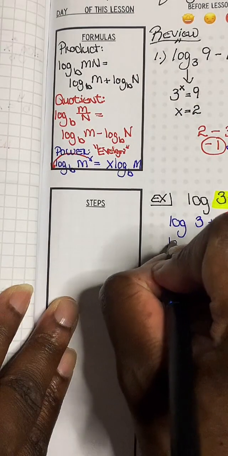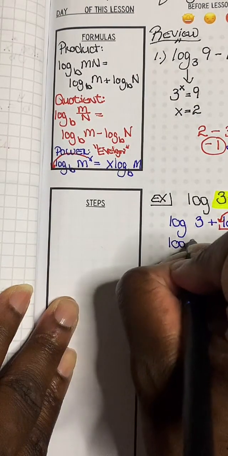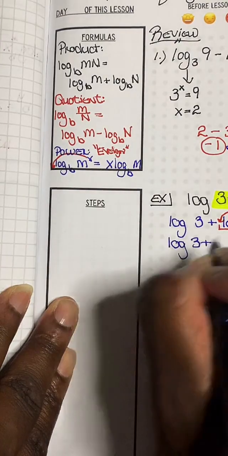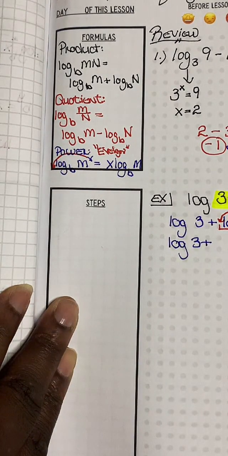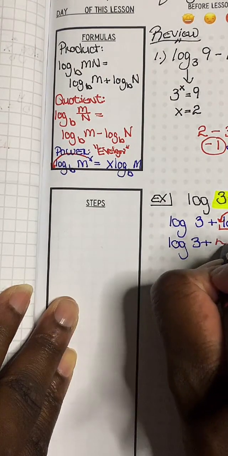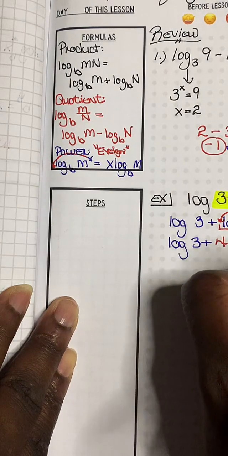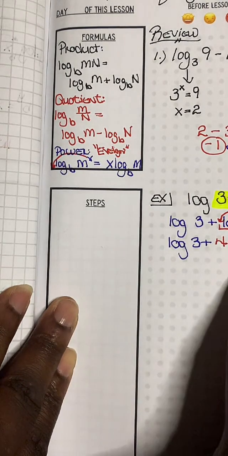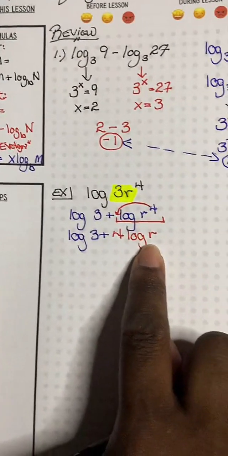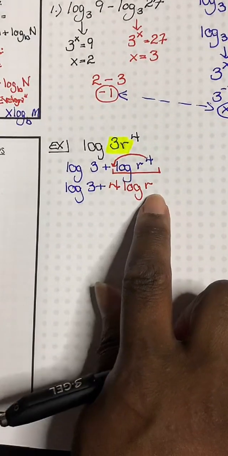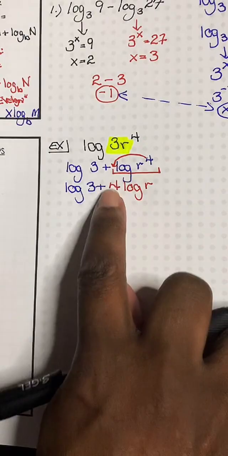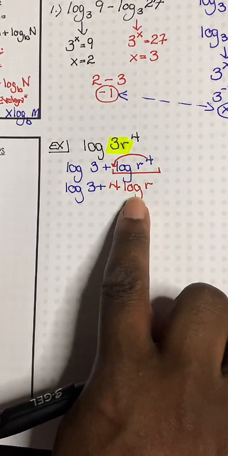It's going to be log of 3 plus 4 times the log of r. So the r stays right where it is, but the 4 is coming to the front of your log.